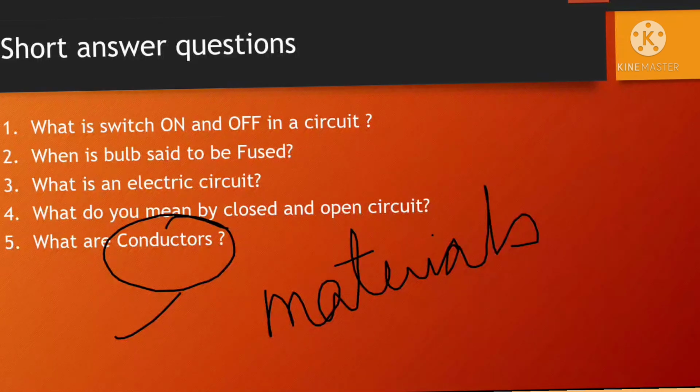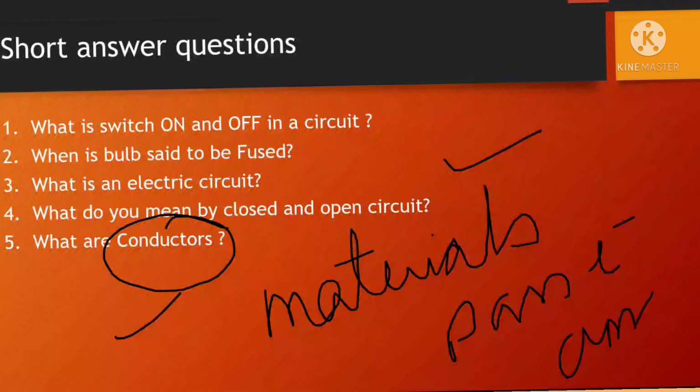You can check it there and watch that activity. Rather, you can perform that activity in your home. So conductors are those materials that can pass electric current. For example, in your home, wiring is of copper metal. So copper is a conductor.